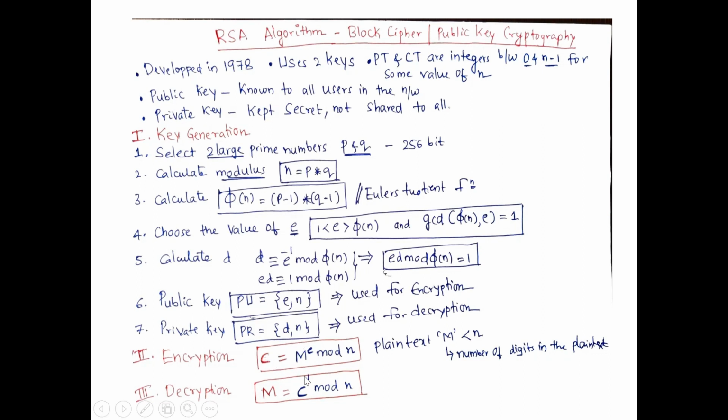So C raised to D mod n is equal to the message M or the plain text. This is the algorithm for RSA. So key generation is the first step. Next is encryption, and the third one is decryption. So let us solve this algorithm by taking a couple of examples.